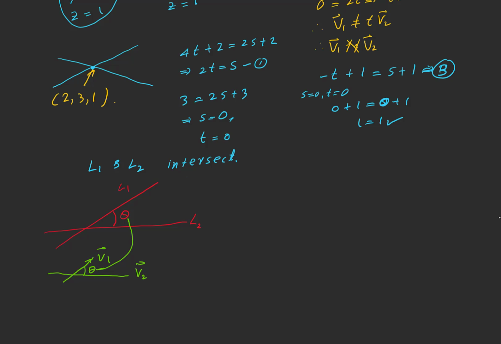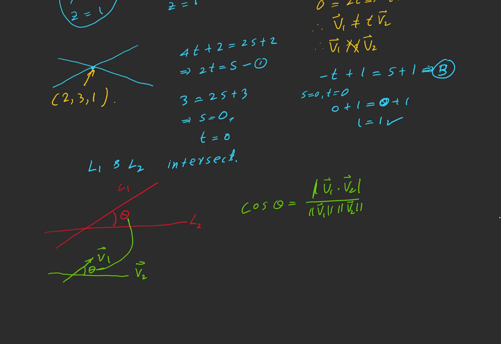Therefore, how do we find the angle between V1 and V2? You know it is cosine theta equal to the magnitude of V1 dot V2 divided by the magnitude of V1 times the magnitude of V2, right? So actually here it is the absolute value of V1 dot V2.